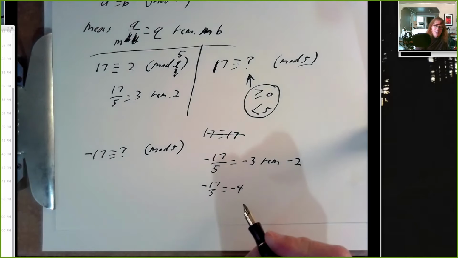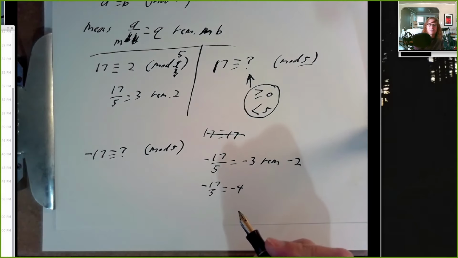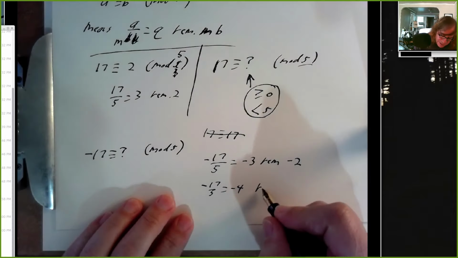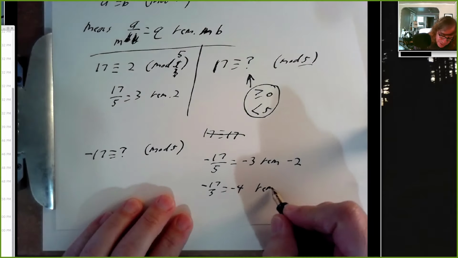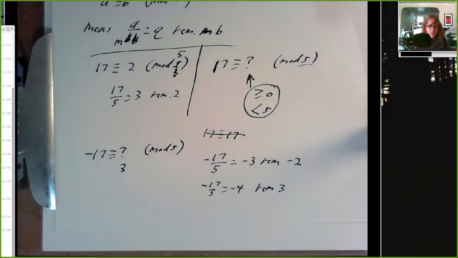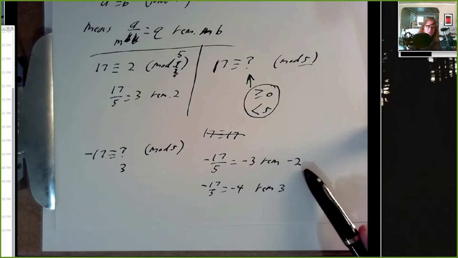5 goes into negative 17 negative 4 times. That gets us negative 20, which is too small. We have to add a little bit more. How much do we have to add? We have to add 3 more. So negative 17 is actually congruent to 3 modulo 5. It is congruent to negative 2 also.